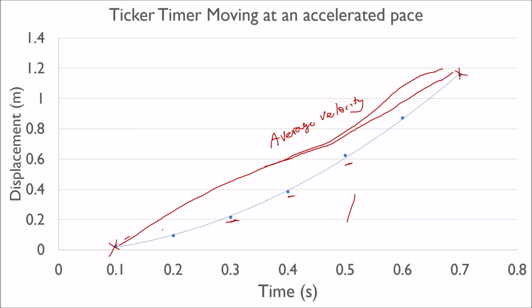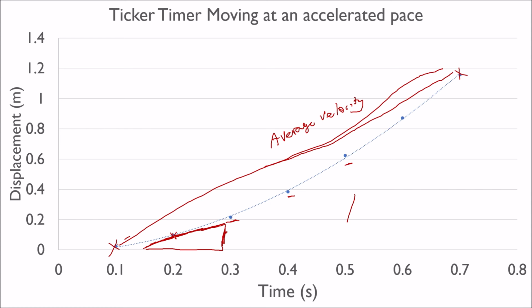Okay, next thing we can do is find instantaneous velocity. So I'm going to use 0.2 as my example. Remember, if you want to find instantaneous velocity, you draw a tangent to the curve you are trying to measure, and then you extend that line out. Okay, so I have it here, and then along here.